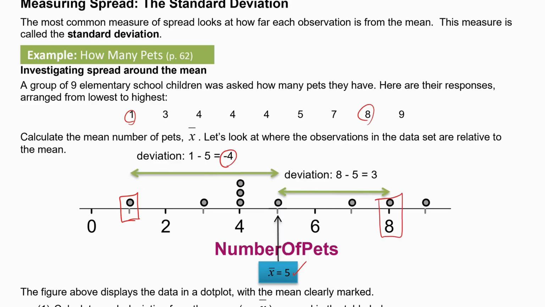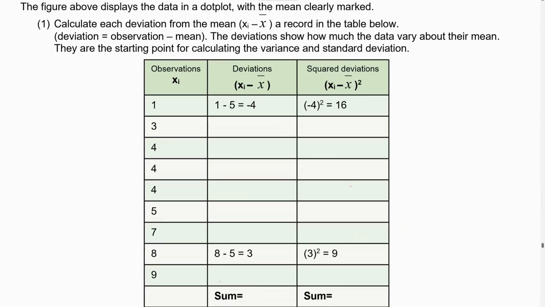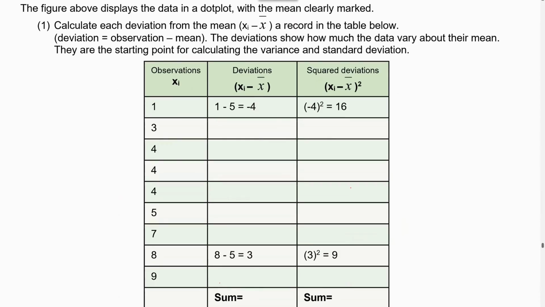This student here who has 8 pets has a deviation of 3. They're 3 pets above the mean. And that's great. We can calculate the deviation for each data point in the data set. So if I go to this table, someone who has one pet has a deviation of -4. Someone with 8 pets has a deviation of 3. Someone with 3 pets is 2 below the mean.